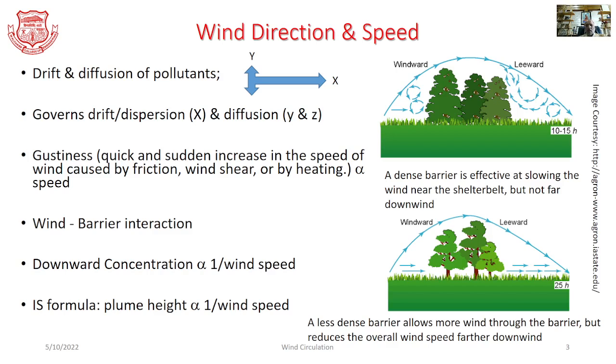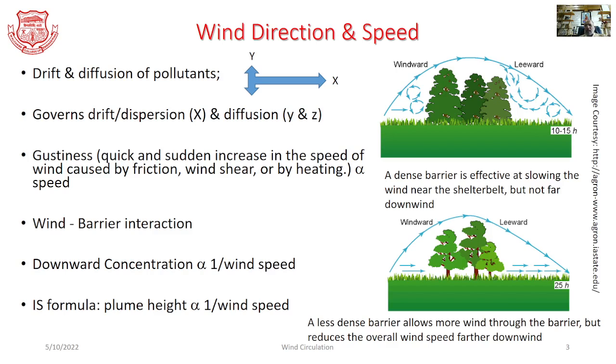As we consider the wind and its movement, as you see, the windward direction is given as well as the leeward direction. If there is a dense barrier, it will be effective at slowing the wind near that shear belt, but not far from its location. On the leeward side, that distance would be 10 to 15 times the height of that barrier.